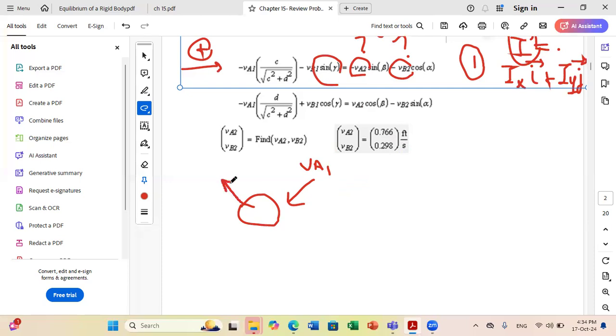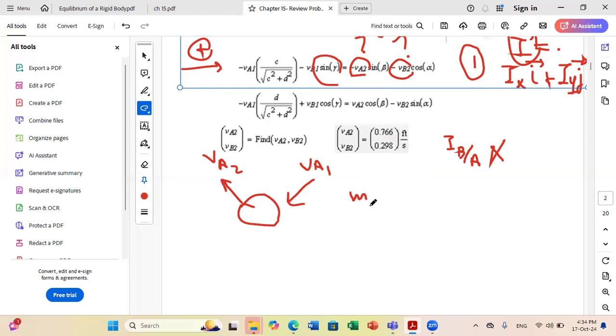Okay. So let me apply the principle of impulse and momentum on A. I want to determine the impulse of B on A in X and in Y. Okay. So first, in the X direction, what can I write?